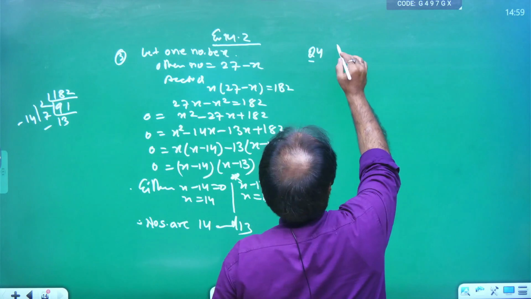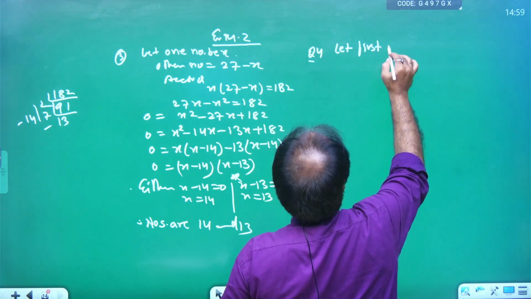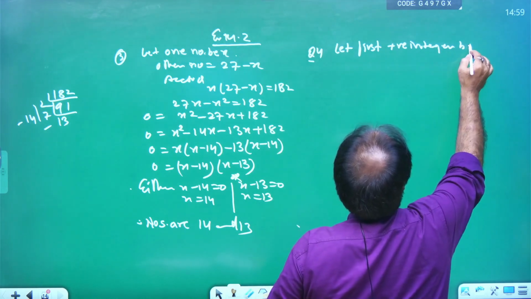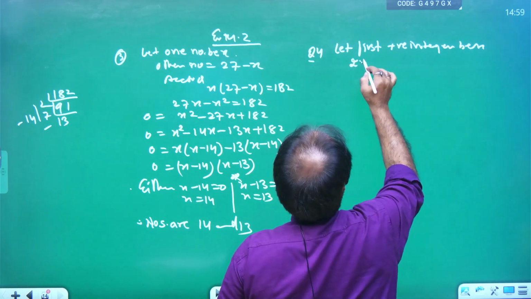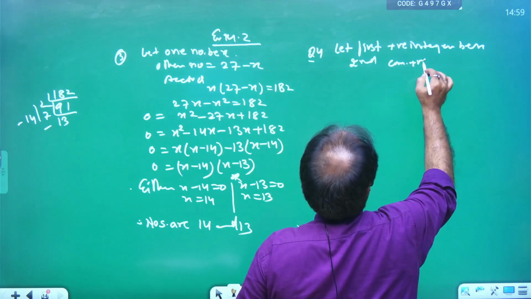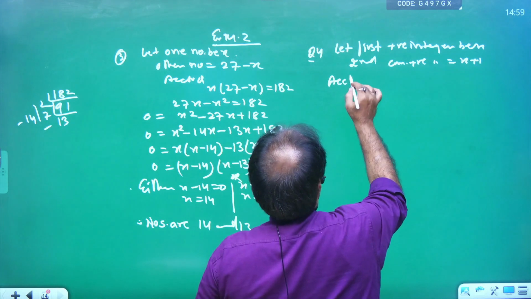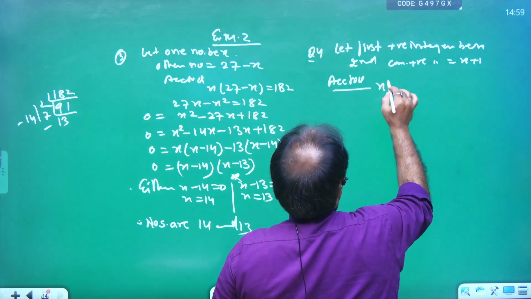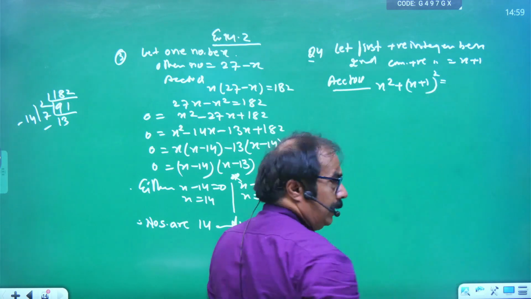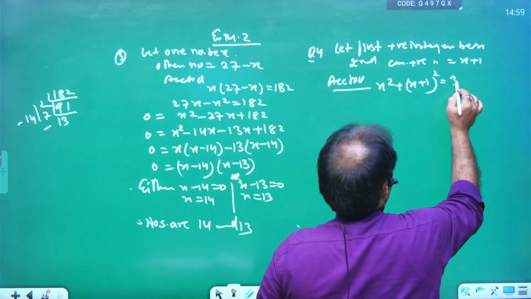So let the first positive integer be x, then the second consecutive positive integer will be x plus 1, and according to the question, x square plus x plus 1 whole square is equals to 365. This is the condition.